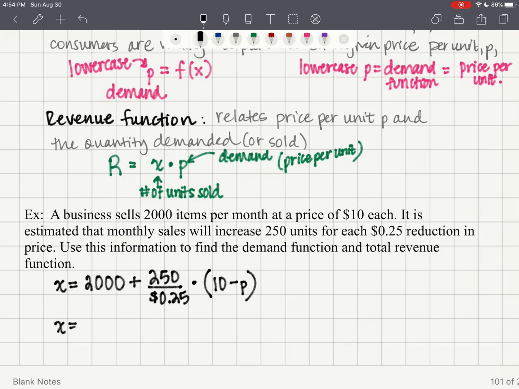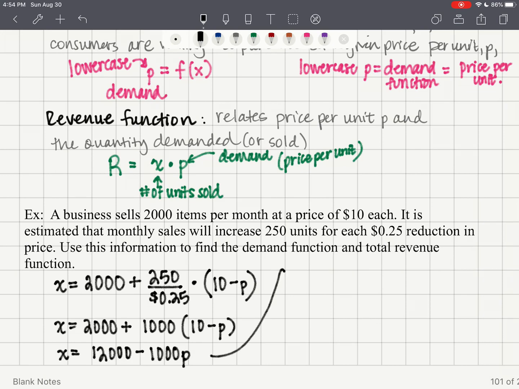Now I'm going to simplify. x equals 2,000 plus 250 divided by 1/4, which is 1,000, times 10 minus p. x equals 12,000 minus 1,000p, because 1,000 times 10 is 10,000, and 10,000 plus 2,000 is 12,000, minus 1,000p.